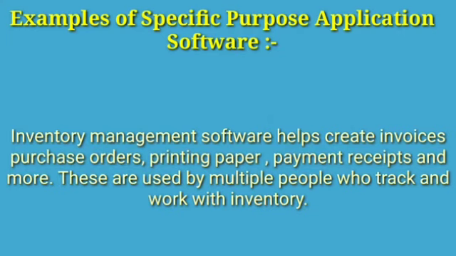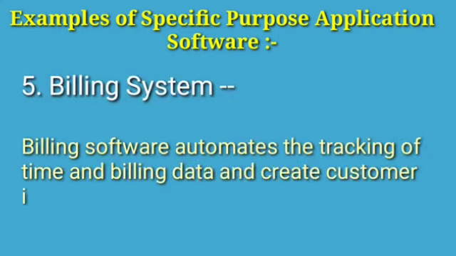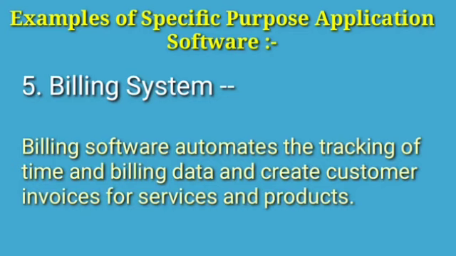The last one is the billing system software. These are also specifically designed; they automate the tracking of time and billing data and create customer invoices for particular services or products. So billing software can be used for preparing a particular record or a set of records, or the entry details of businessmen.